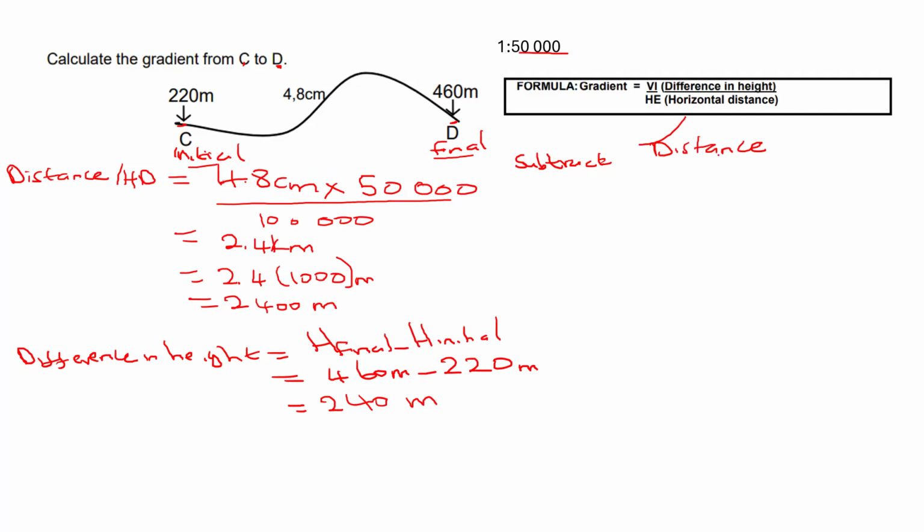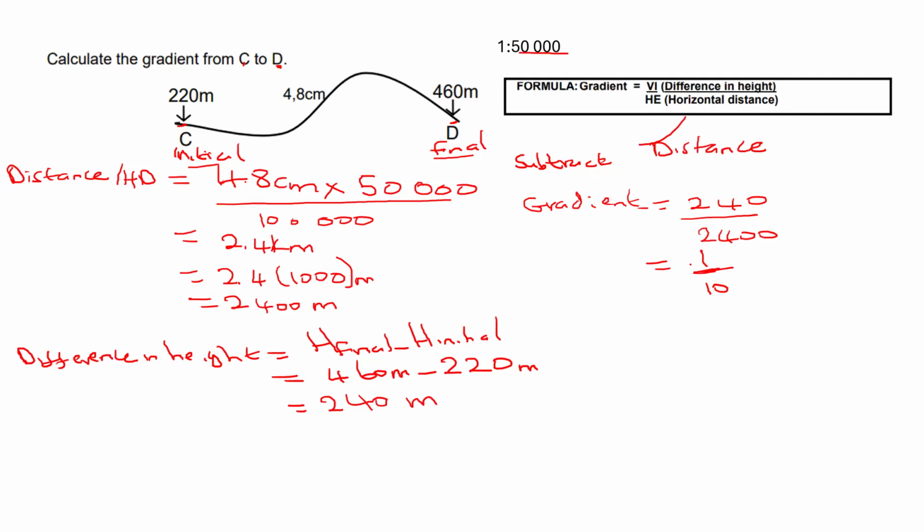And now I can apply my formula. The gradient: our difference in height is 240, divided by our horizontal distance, which is 2,400. 240 divided by 2,400, I get 1 over 10.